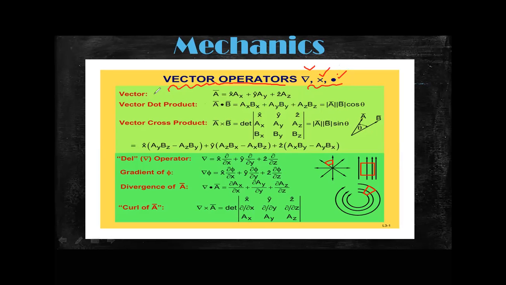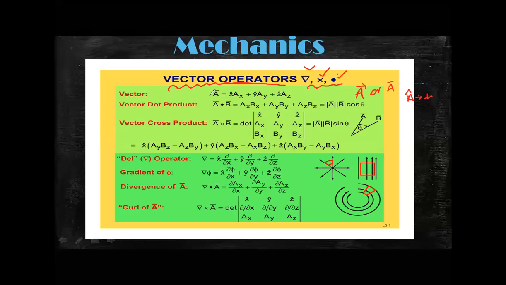And as you all know, for vectors, you should always remember that if I write a vector, it should be like this. Sometimes you also write a bar. And when I write a cap, this should be a unit vector.